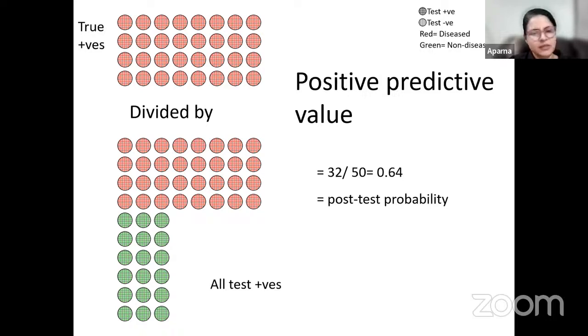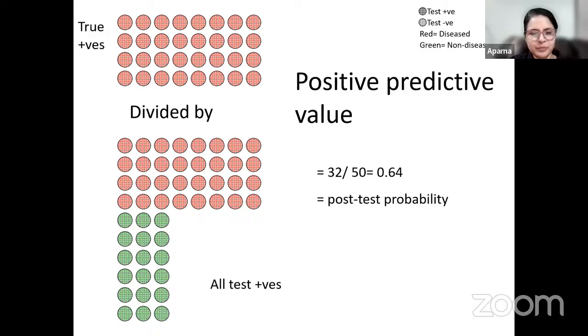It essentially means if you have 100 babies who tested positive with the new test, how many of them actually had the disease? This is positive predictive value. Likewise, among 100 individuals who tested negative with the test, how many truly did not have the disease is given by the term negative predictive value.